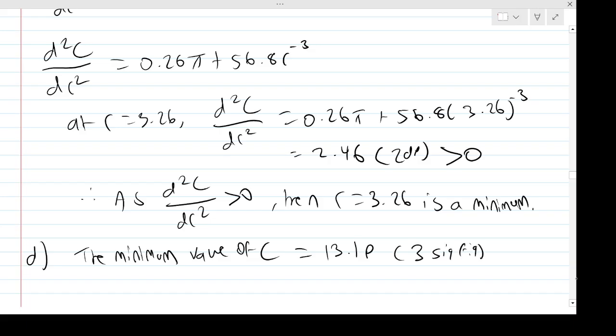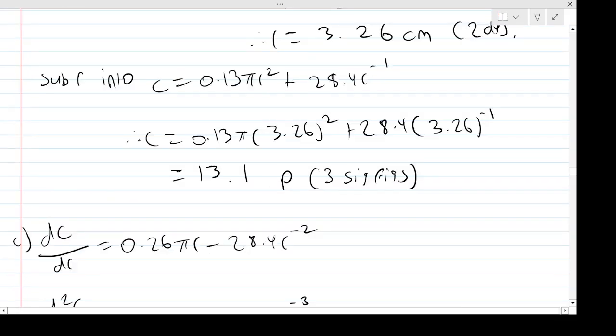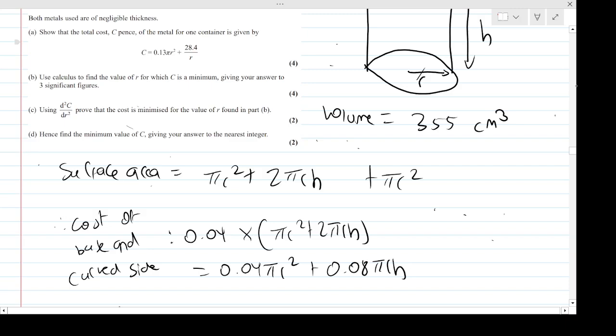From part B. So then to the nearest integer, that would just be 13p. There we are. Okay, that's it then, I guess. So it's just to the nearest integer.